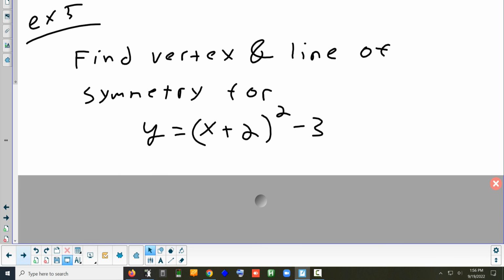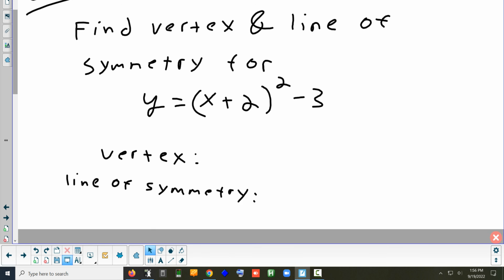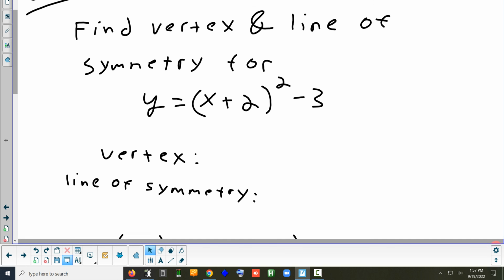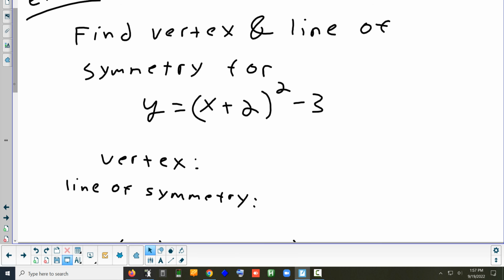Okay, so here's an equation, and I want to know two things: the vertex and the line of symmetry. Let's start with the vertex, but just think in your head, okay, +2 is going to move it which way, and then -3 moves it which way.